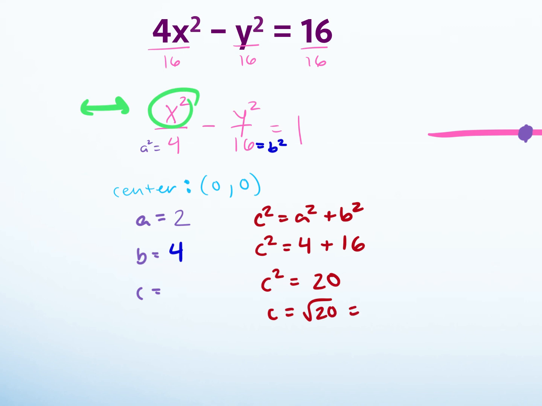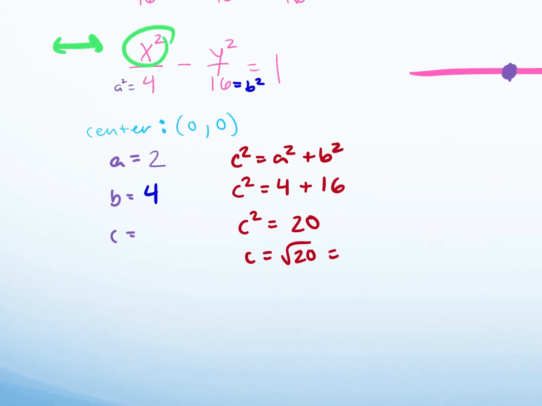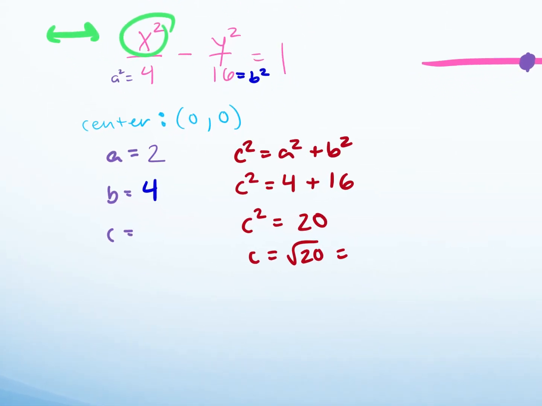What does square root 20 simplify to? So let's see, 20 breaks down into 4 and 5. 4 breaks down into 2 and 2. Circle the 2s, so it'd be 2 square root 5. And square root 20 would be about what?